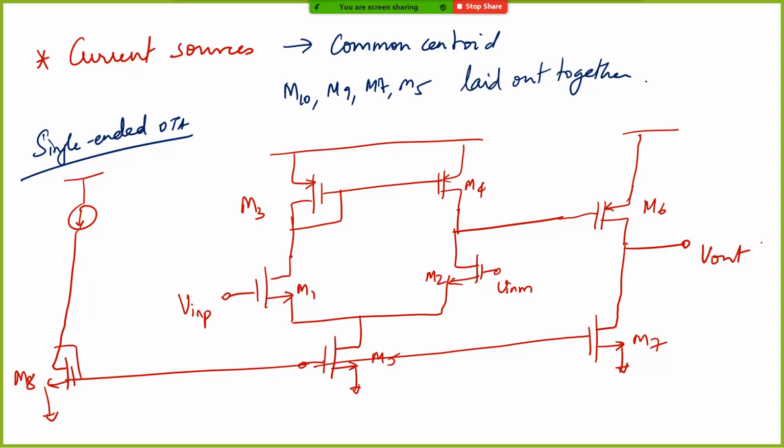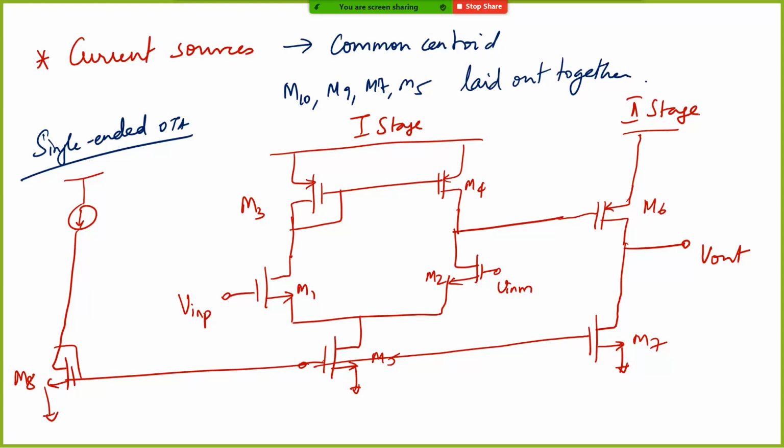Now let us look at the noise performance. Now, just looking at the op-amp, okay, what can we guess about the noise performance? First of all, let's say this is first stage and this is second stage.